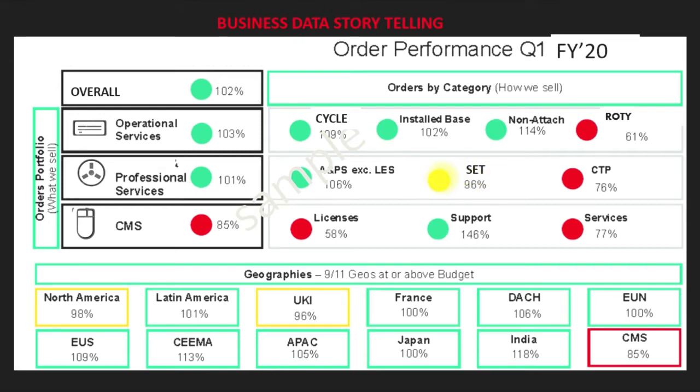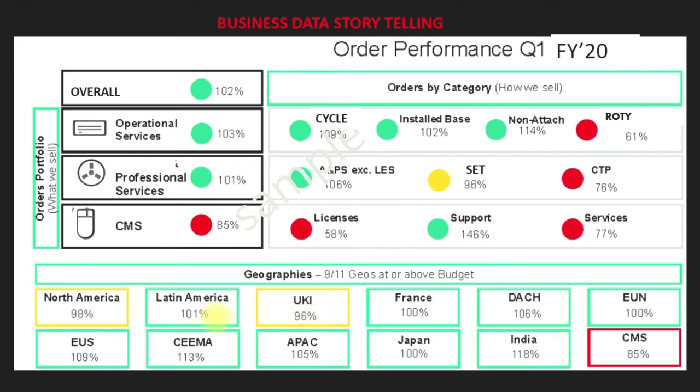So these green, yellow, and red features are used to represent whether the business has met its forecasts or expectations. In this case, it is a budget. Now, the same analogy can be used in geographies, namely which region or country has exceeded or met the budget, or which regions have fallen short.